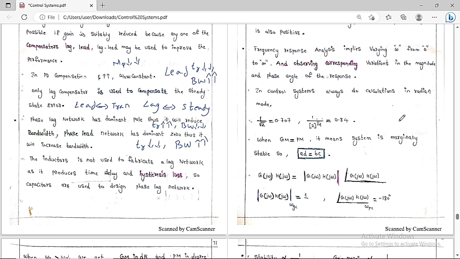So in simple words, frequency response analysis means whenever you change the frequency omega from 0 to infinity, there is a change in the magnitude as well as the phase angle.